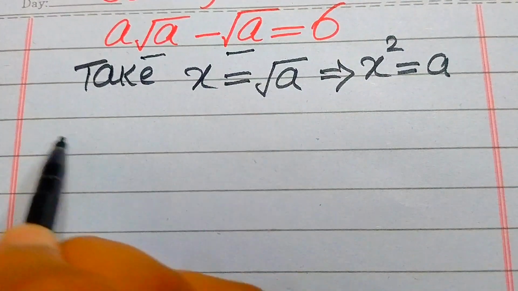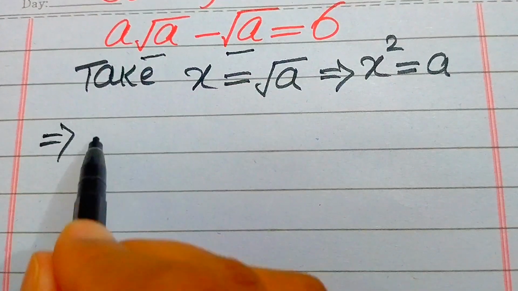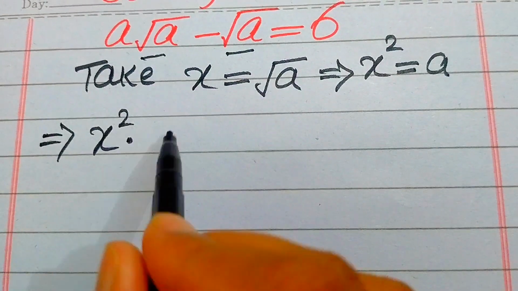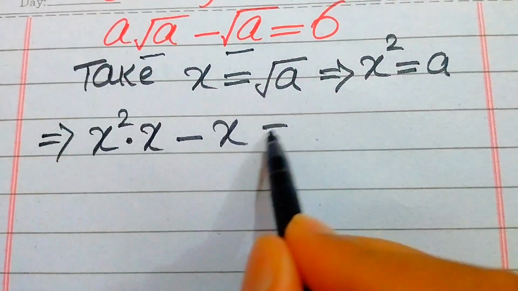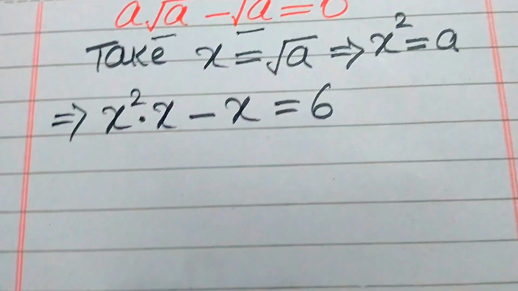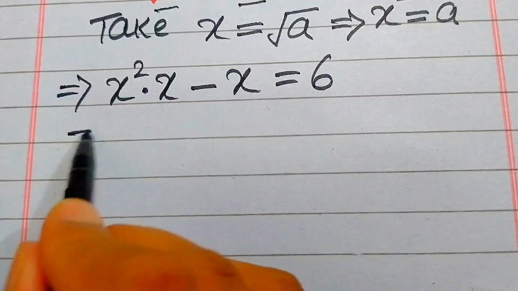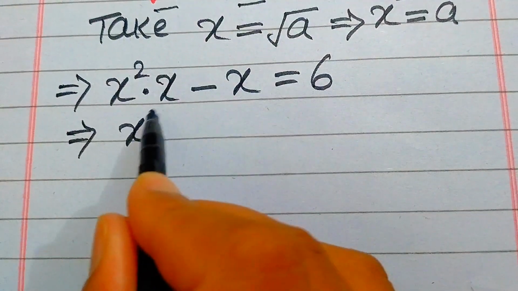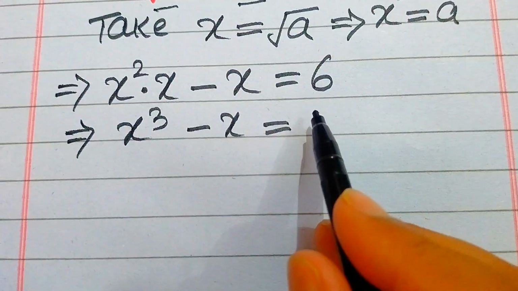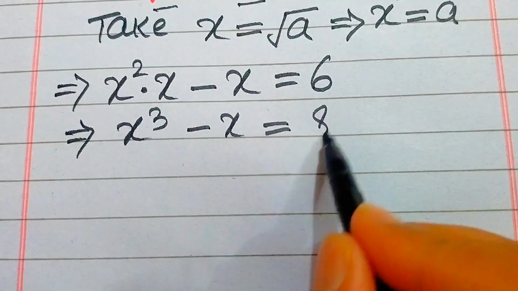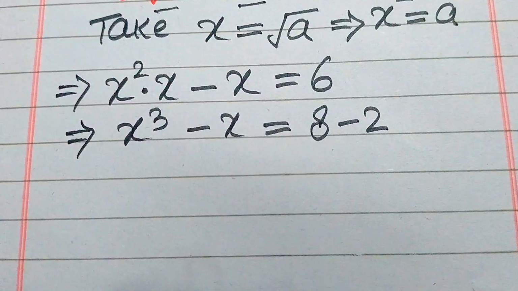When we substitute both of these values into the given equation, it will be written as x squared times x minus x equals 6. And you see here we have x squared multiplied by x becomes x cubed, minus x equals 6. We write this 6 as 8 minus 2.